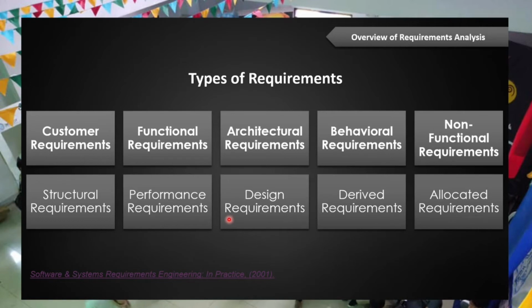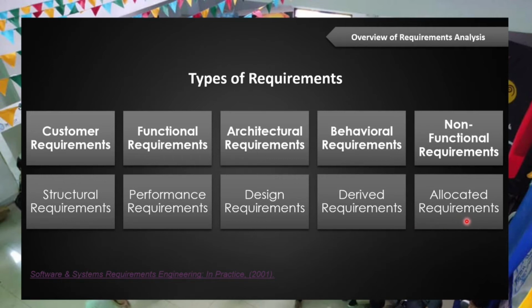Next is design requirements. Design requirements define the approach that is going to be implemented for a specific function. Derived requirements are requirements that are derived from other similar requirements. Next is allocated requirements.